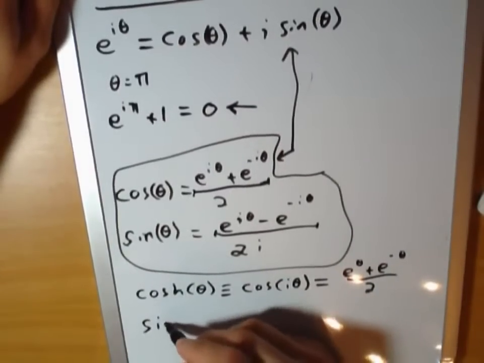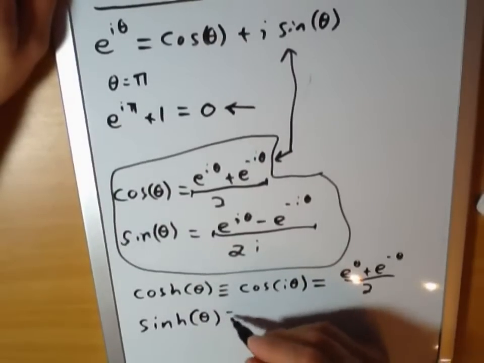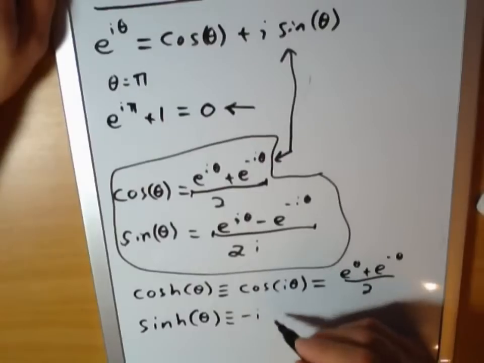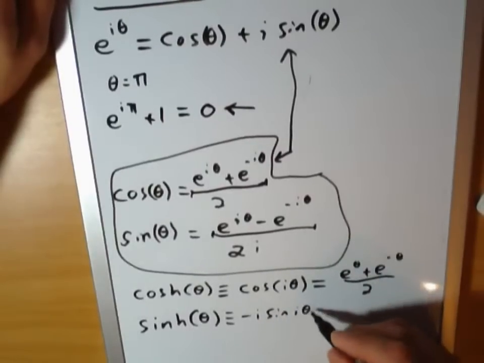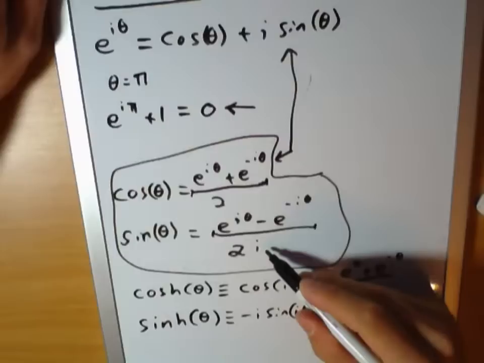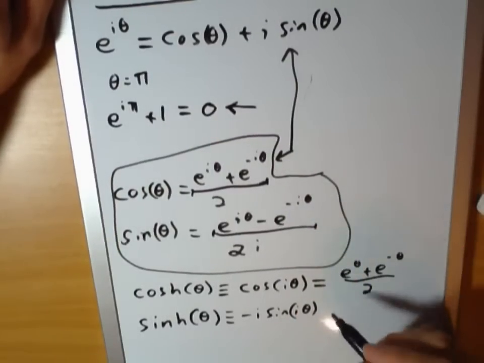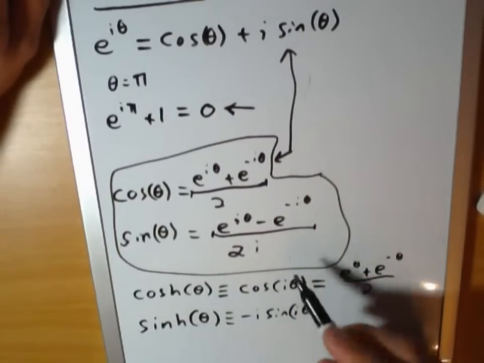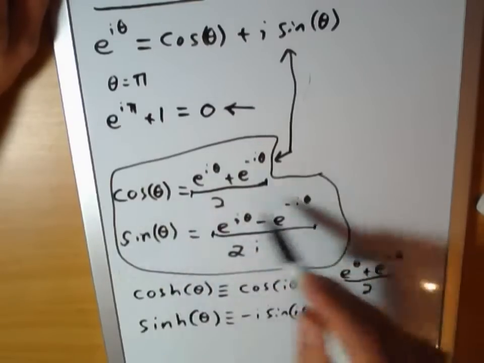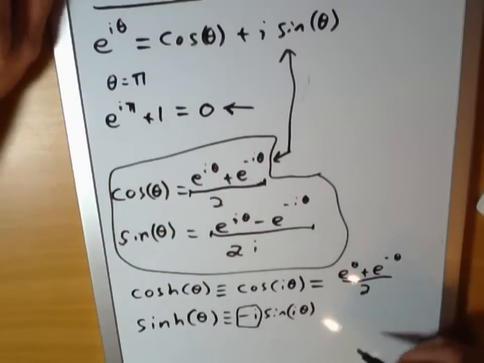Sinh is defined a little less intuitively. It's defined as negative i sine i theta. But the negative and the imaginary number in there are just due to the fact that you have an imaginary number here, and that this minus sign makes sinh look less similar to this identity for sine than if you had multiplied it by negative i.